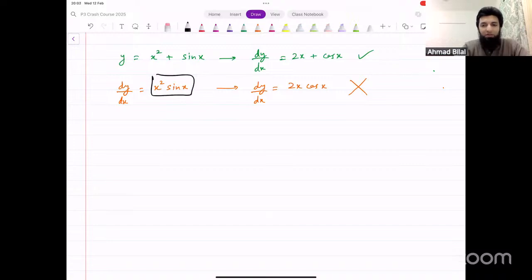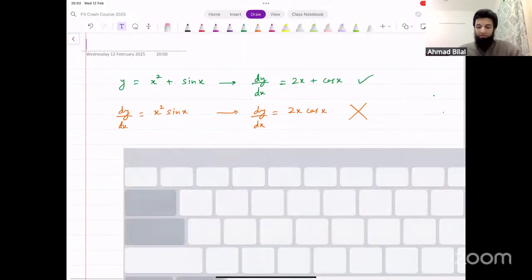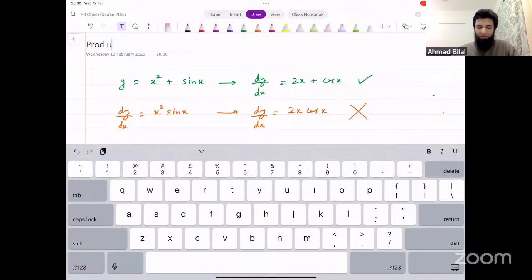We can't just differentiate this separately and this separately. It does not work like that. When there's a product, you cannot do it like this. So what do we do instead? We use something that we call the product rule. Product rule of differentiation. That is what we will be using to differentiate this now.